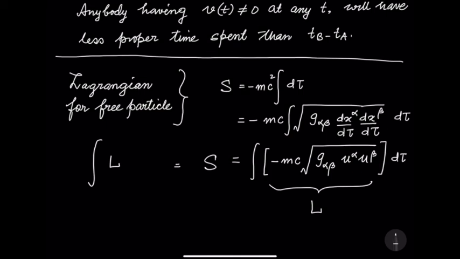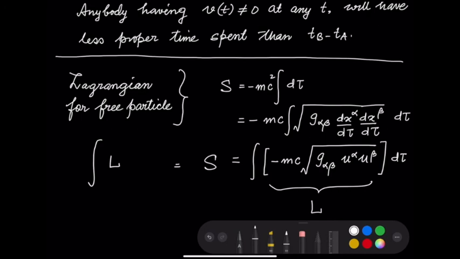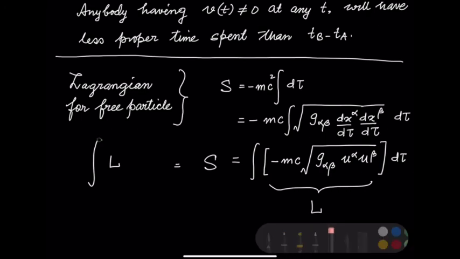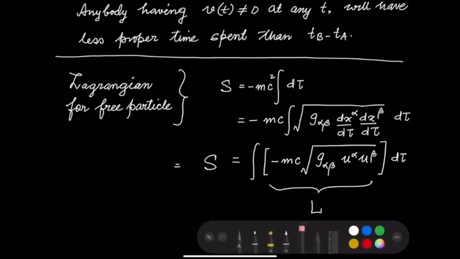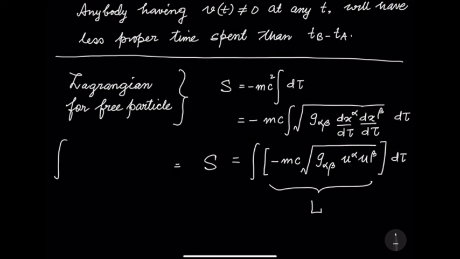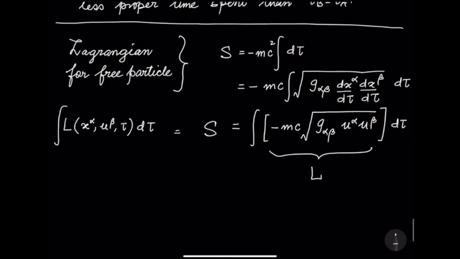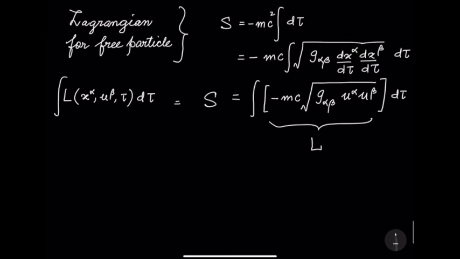So this is L. Let me write it even more explicitly, that the action is L of x alpha, u beta and tau. So it can be a function of these quantities, and we understand what is our Lagrangian for a free particle.